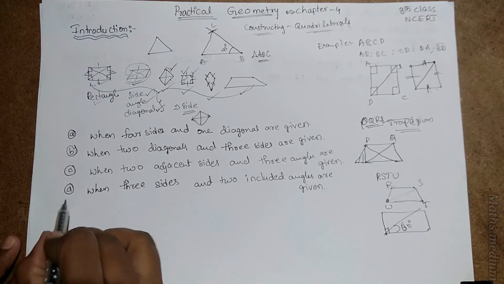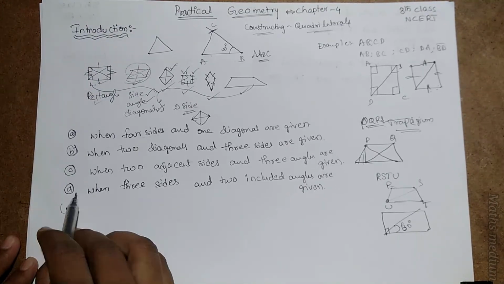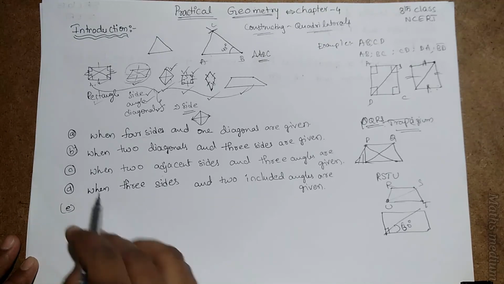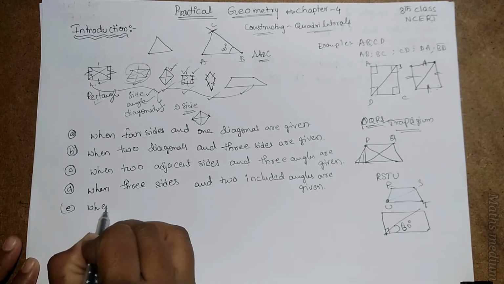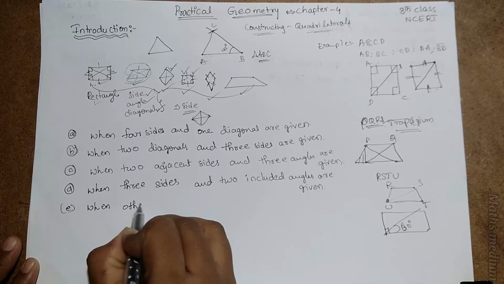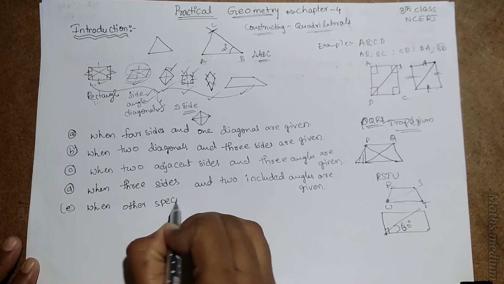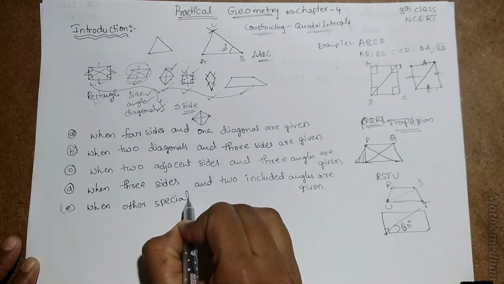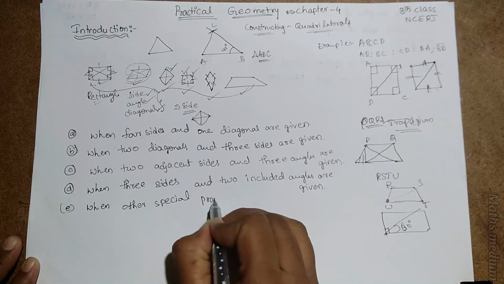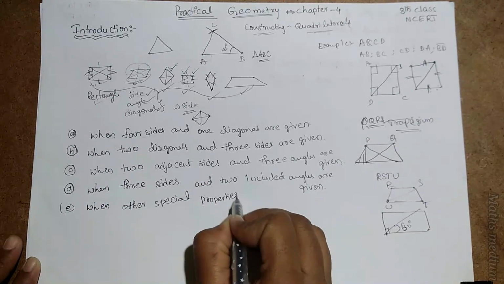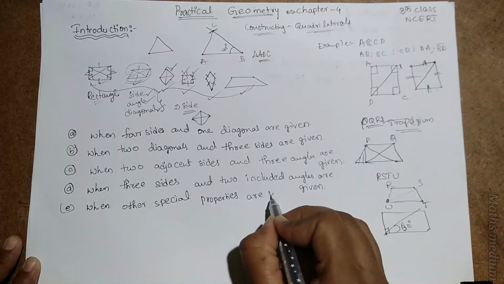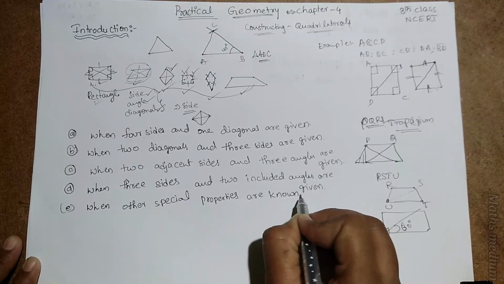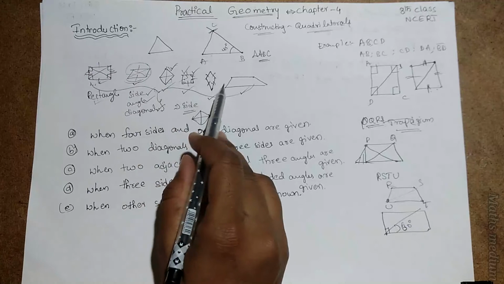Next, coming to E, this is the special type of properties. So when other special properties are known, I already told you these 2 are special types.